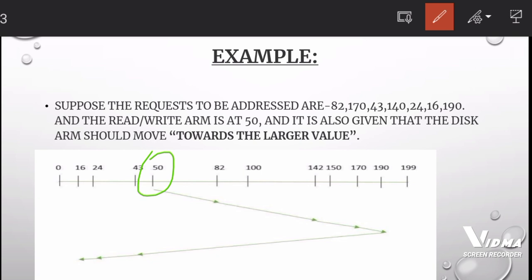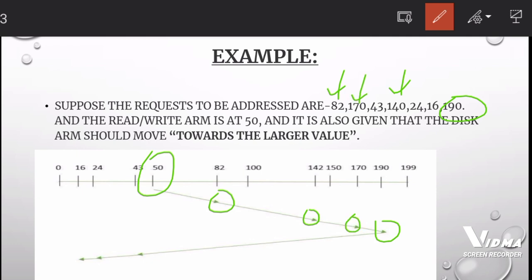So we will start from 50, and what the LOOK scheduling algorithm says is you have to go till the last request address given, meaning here the biggest is 190, so we will go till 190, and in between all the requests, that is 82 and 140, we will fill their requests also, right?